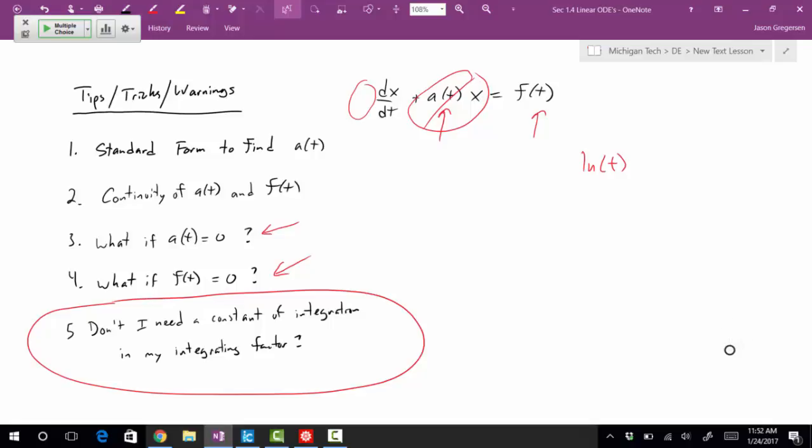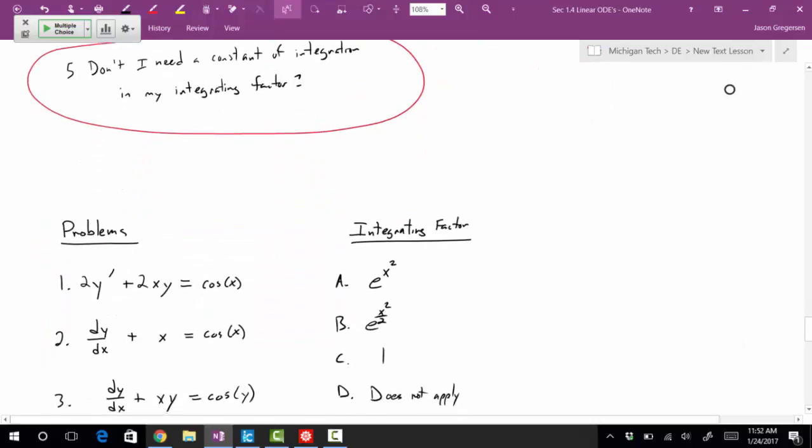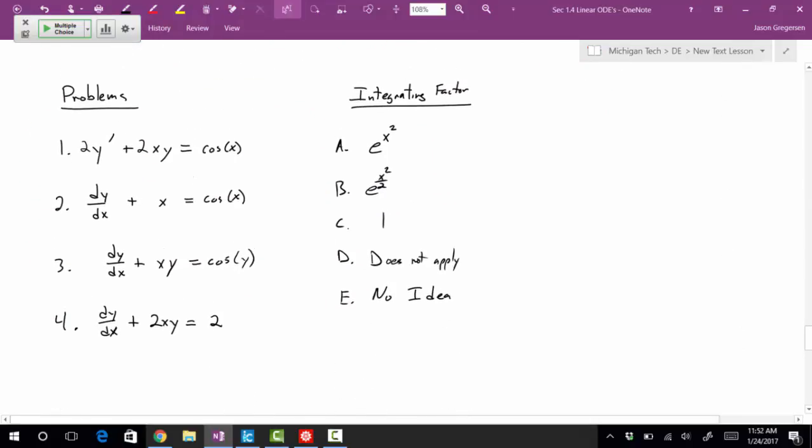All right. So let's do a quick clicker quiz here. I'm going to turn it on, but I want you to go through and answer all of them. Go 1, 2, 3, 4, look at them, just figure out what the integrating factor should be. Write an A, B, C, D, or E next to 1, 2, 3, and 4.